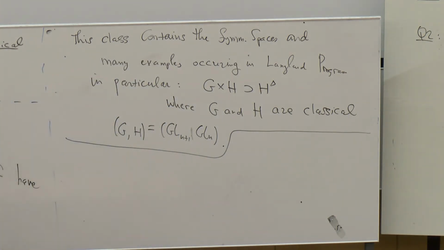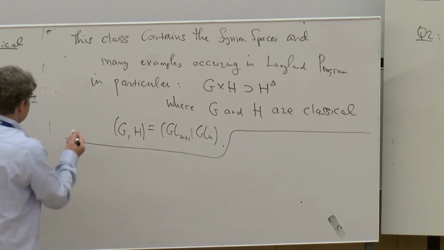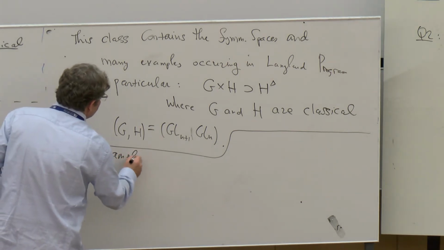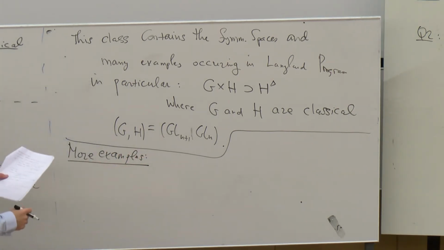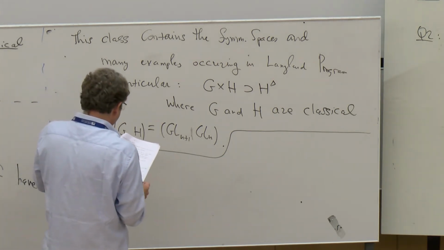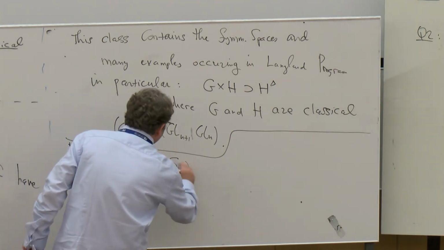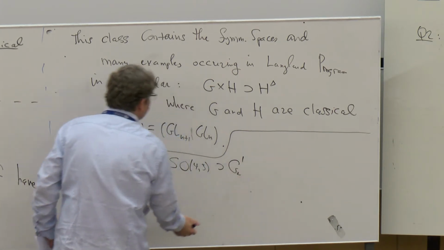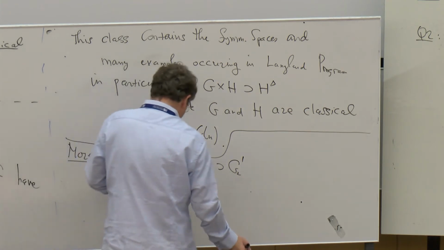I'm focusing now on reductive examples. Maybe some more examples, which are more in line with Savin's lecture: SO(4,3) and a certain form of G2, which is denoted by G2,1.